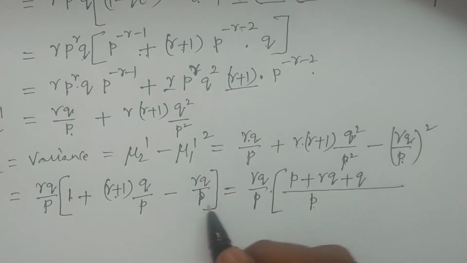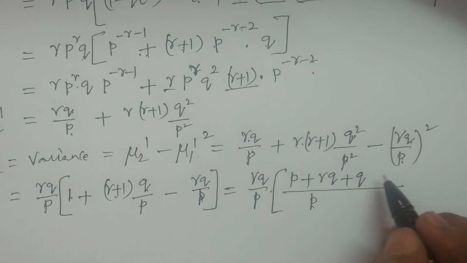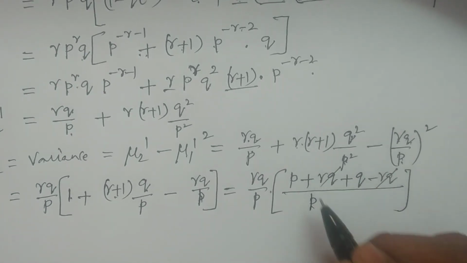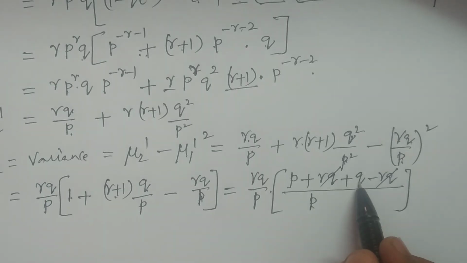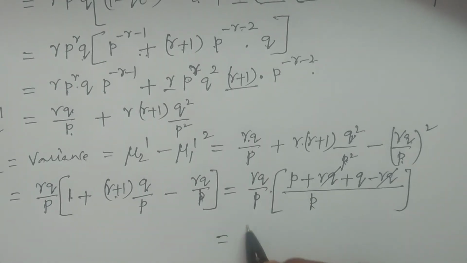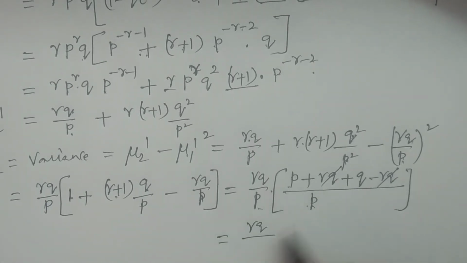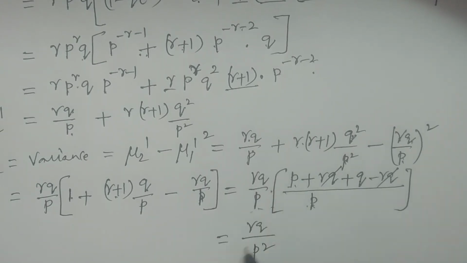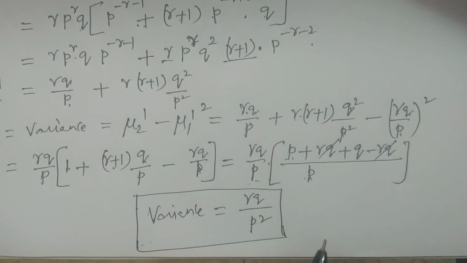Next one, and we have taken LCM, therefore it is rq minus rq. So minus rq plus rq cancel, p plus q is 1. Therefore, it is equivalent to rq divided by p into p, p square. Therefore, variance of the negative binomial distribution is rq by p square.